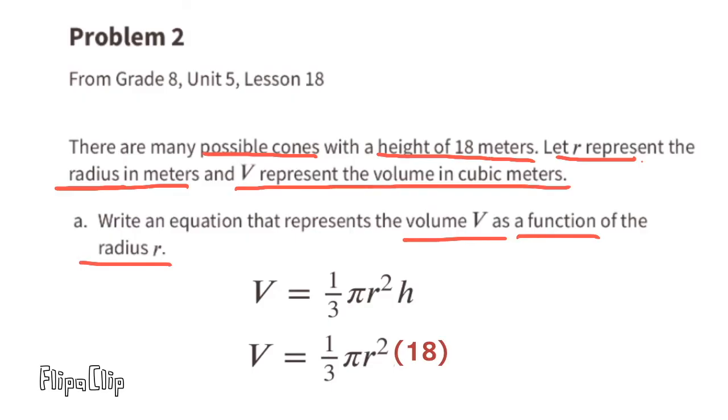Remember, when multiplying, the order doesn't matter, so we can find 1/3 of 18. 1/3 of 18 is 6, so now the equation reads V equals 6 times pi R squared. This equation represents volume as a function of the radius, because the volume depends on the size of the radius.